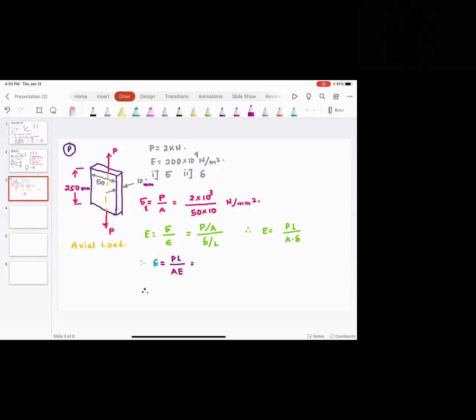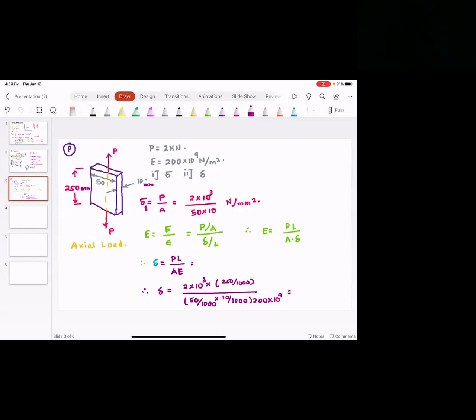So for delta, I'm going to say 2 multiplied by 10 to the power 3, length is 250 divided by 1000, divided by area, so area is 50 divided by 1000 multiplied by 10 divided by 1000, and then the Young's modulus, which is 210 to the power 9.